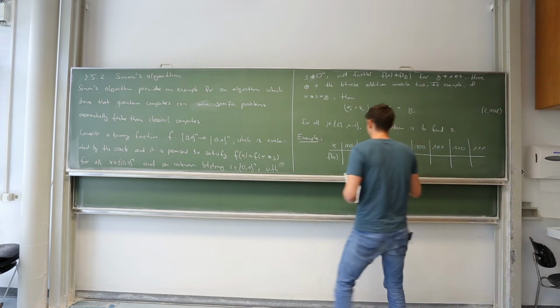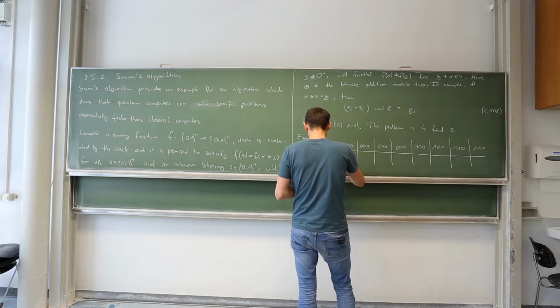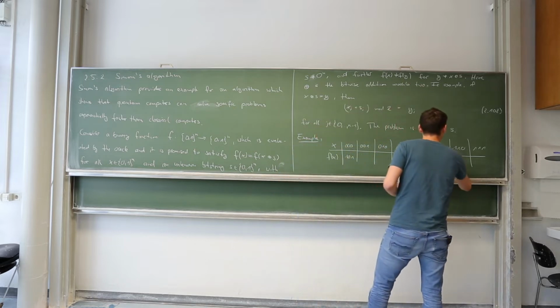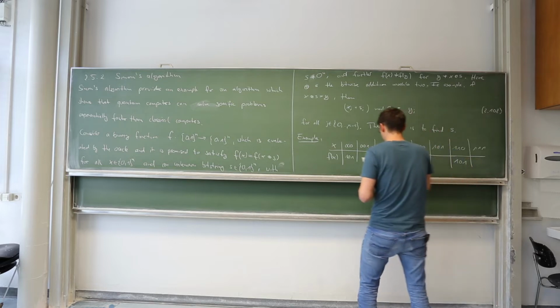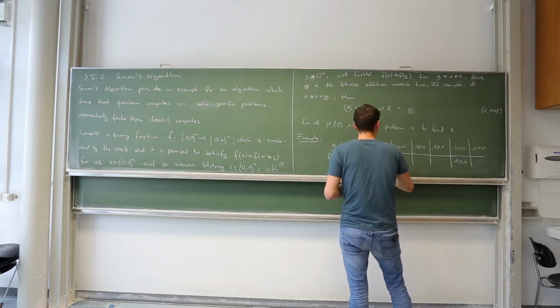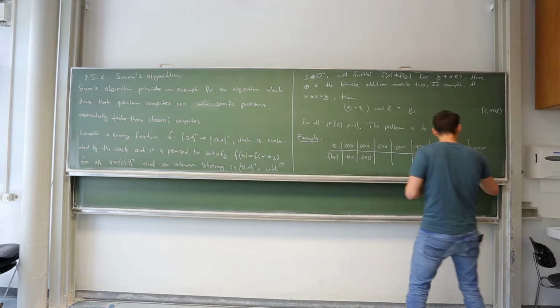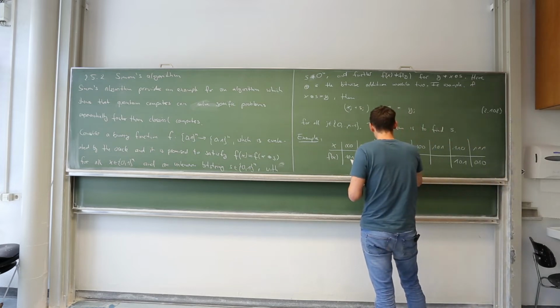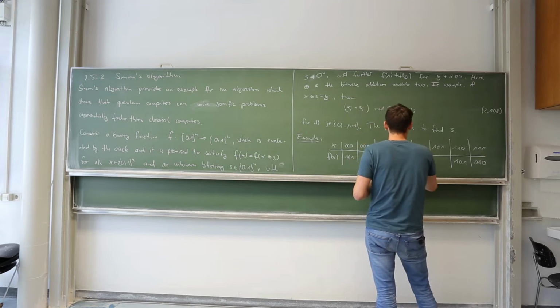Okay, then let's say f of x here is 101. This is 101, then this is 010. This is 010, then 000, then 1.